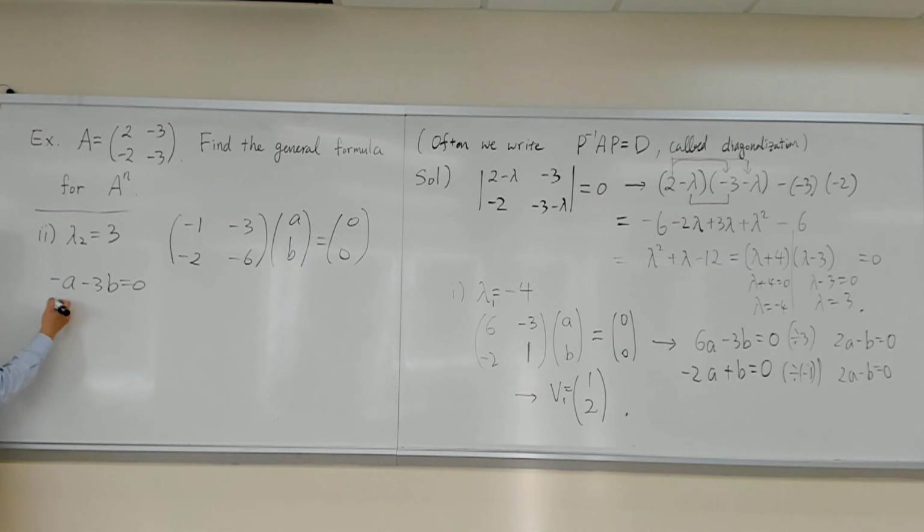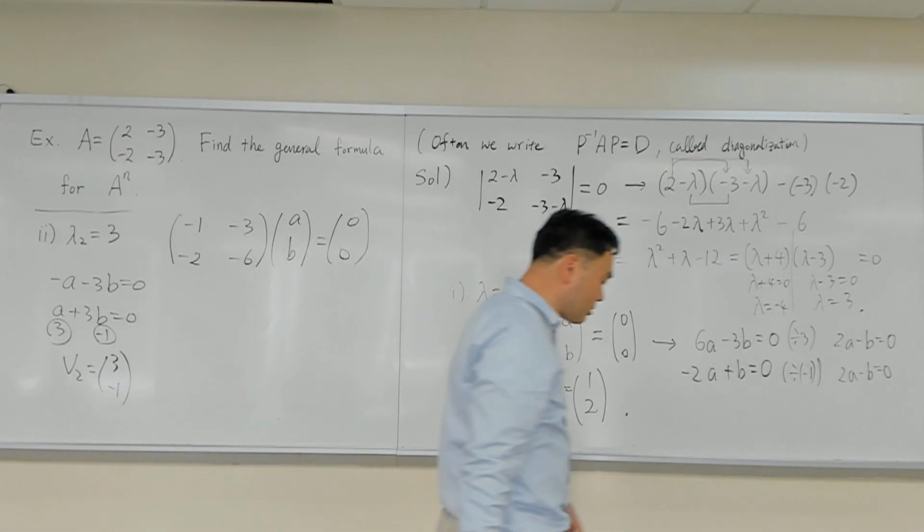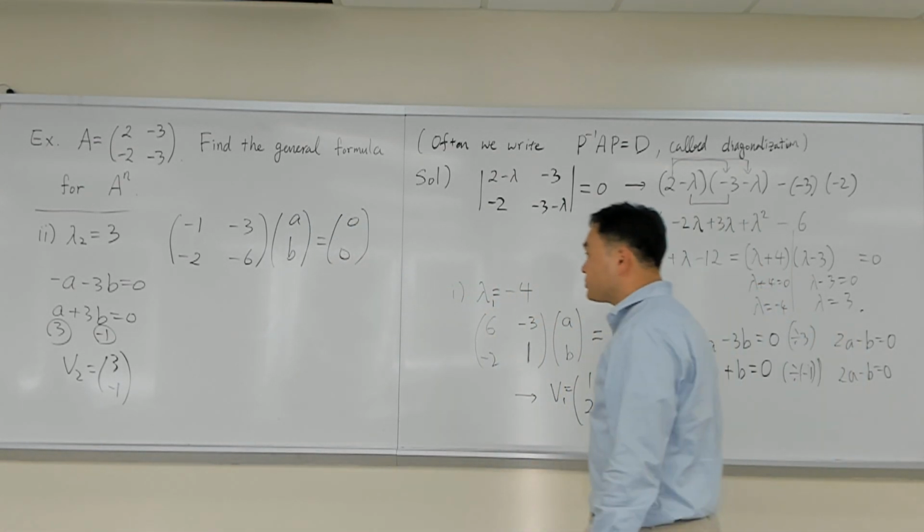Let's multiply by -1, so it's A plus 3B equals 0. So you have 1 and 3, switch places and negate one of them, so I guess 3 and -1 should work, right? If A is 3 and B is -1, that satisfies it, so therefore V2 equals 3 comma -1 is the answer. It is the eigenvector for this one.